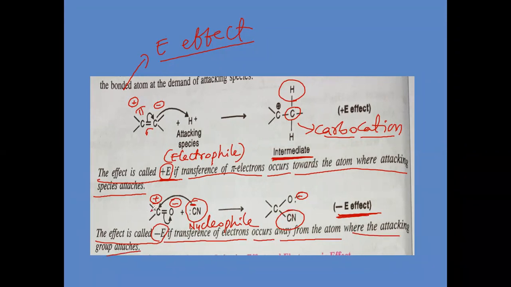The attacking group CN minus will attach to carbon, but the pi electrons are going away from carbon. That's why this effect is called minus E effect, negative electromagnetic effect. So we have the negative electromagnetic effect and the positive electromagnetic effect. Two types of effects will be there.